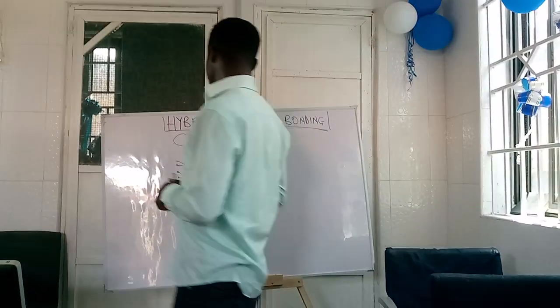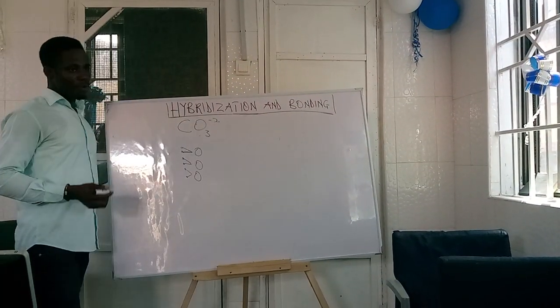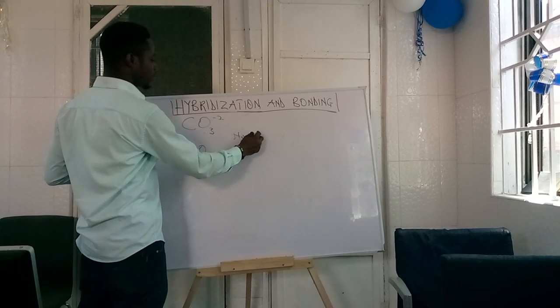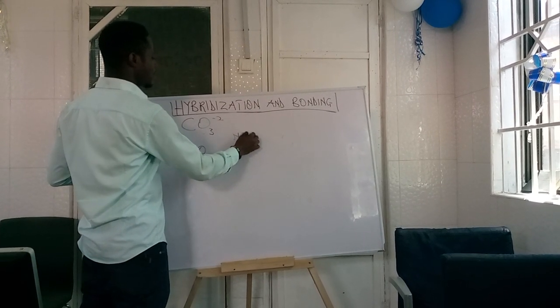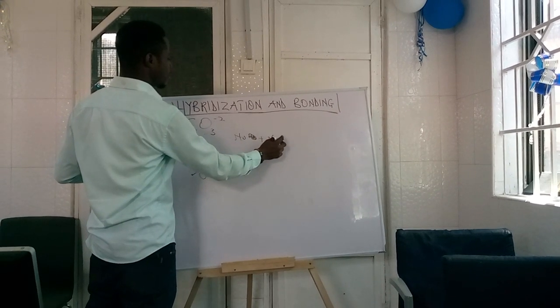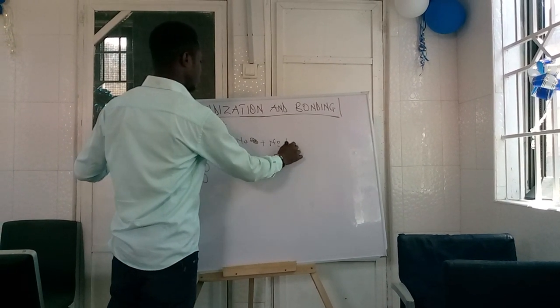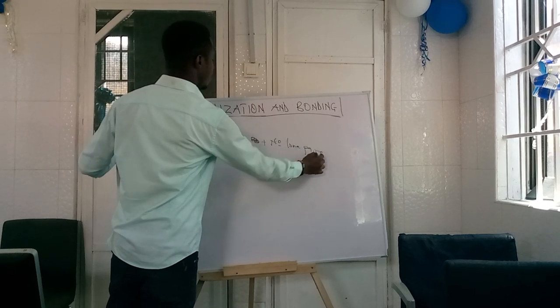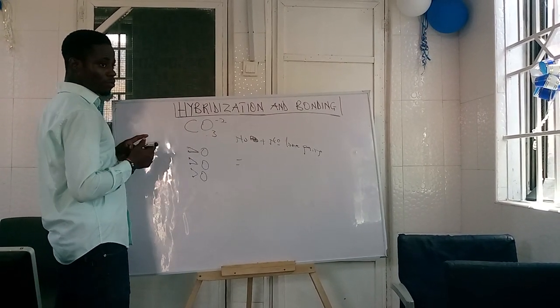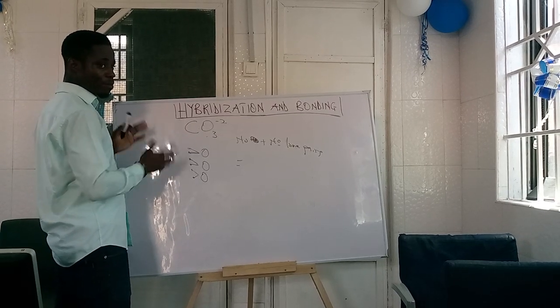So in this case, the question is, how many sigma bonds are here? Now we said the formula is number of sigma bonds plus number of lone pairs. In this case, we have 3 sigma bonds, because the pi bond you don't consider, only the sigma bond.